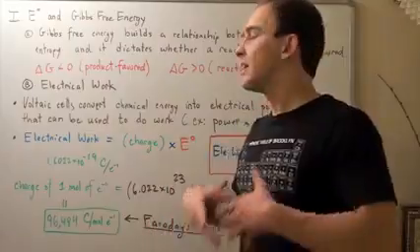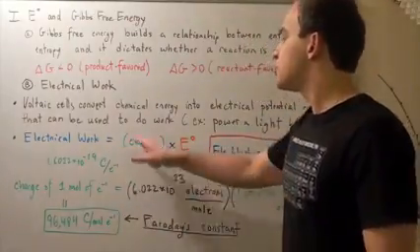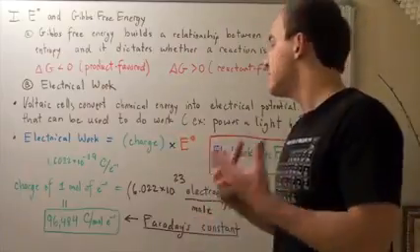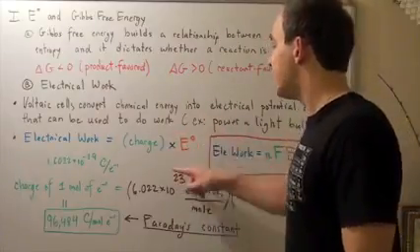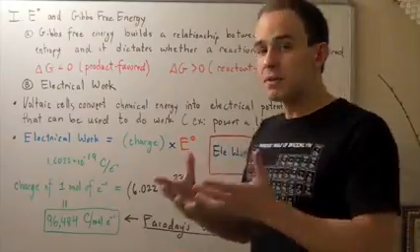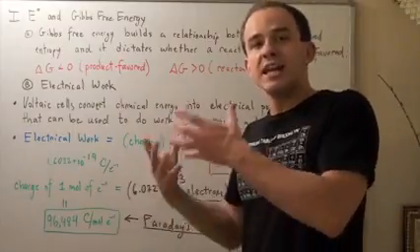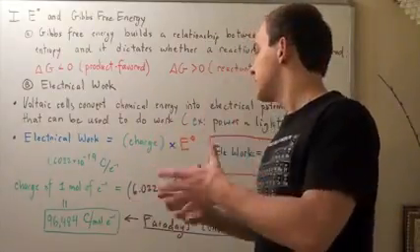We can express electrical work mathematically as equal to the charge of an object or a system times our cell voltage. If we're talking about electrochemical cells, our charge refers to all the possible charge in our battery, in our chemical cell.